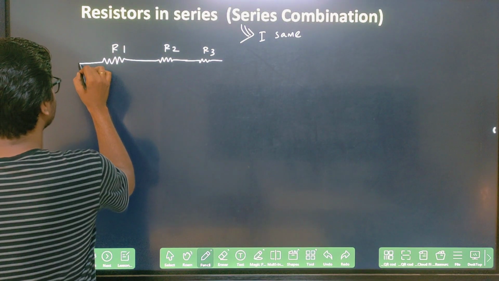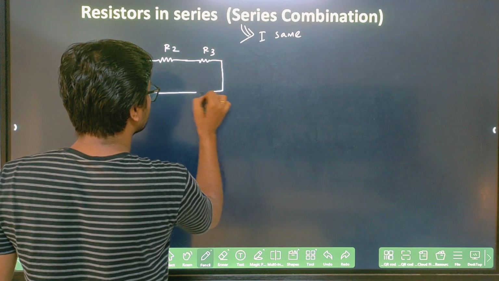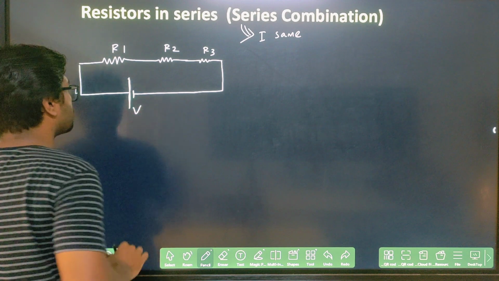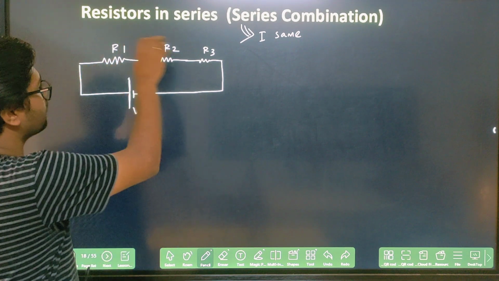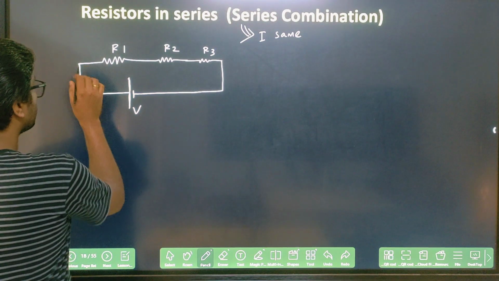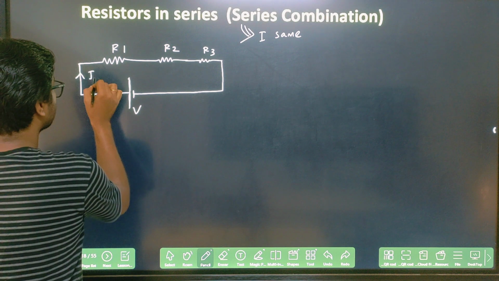Clear? So I am taking 3 resistors, and I am connecting these 3 resistors to a cell with potential V, like this. Here you know that whenever they are connected in series, the current will be the same.